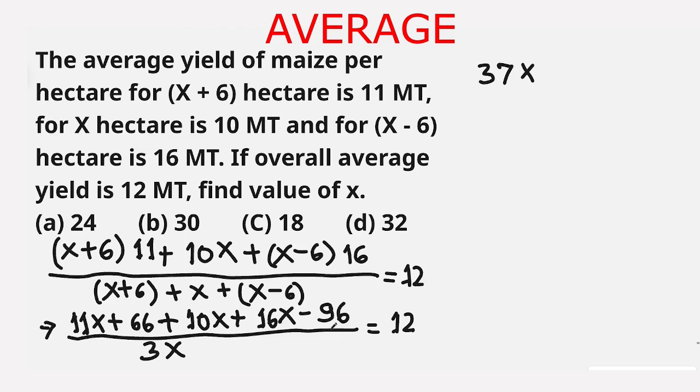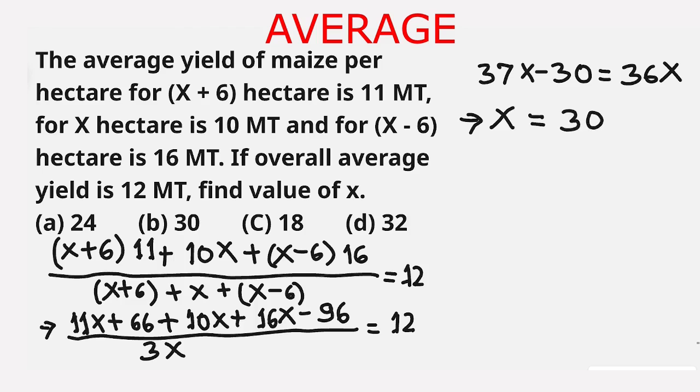66 minus 96 is minus 30, equal to, by cross multiplication, 12 times 3x, which is 36x. This gives 37x, and we transfer 36x to the left-hand side, so it will be 37x minus 36x, which is x, equal to, we transfer minus 30 to the right-hand side, it will give us 30.